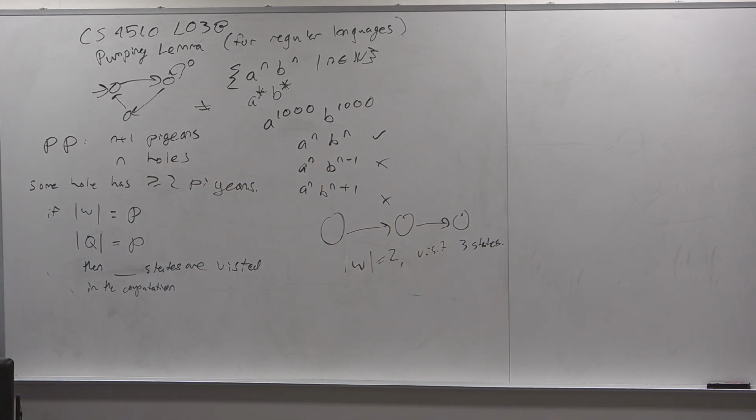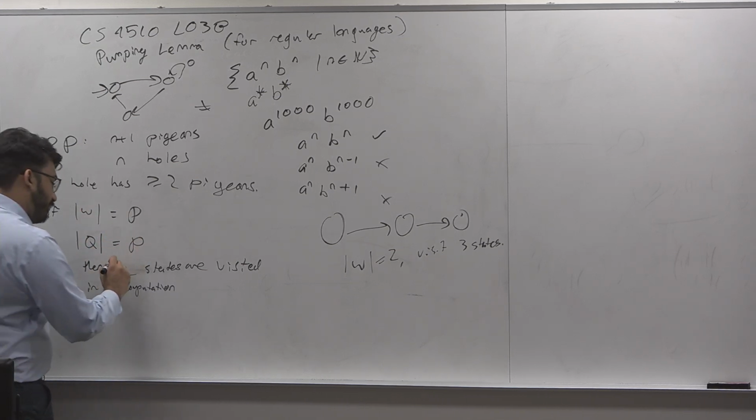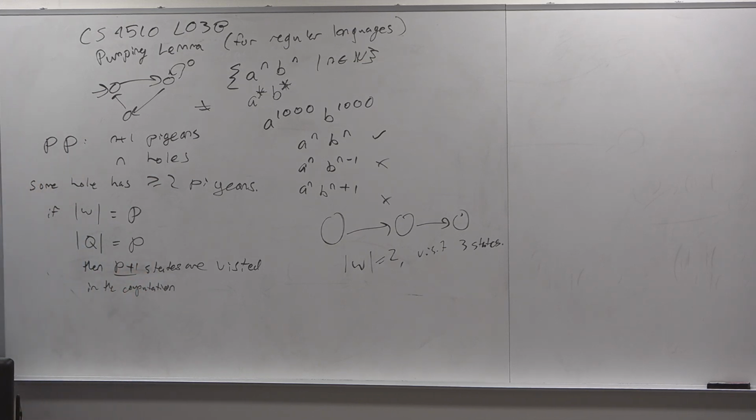So if the length of W is P, and there are P states, then P plus 1 states are visited during the computation, right? But we know that we only have P states, so what must be true by the pigeonhole principle? Some state has been visited twice.